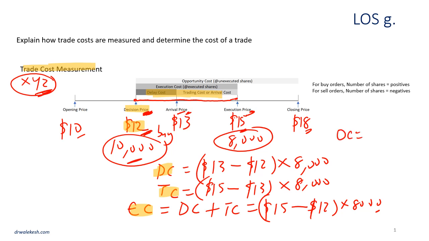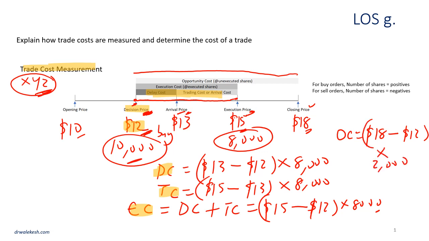Opportunity cost here is against what was not executed, and it is the distance between our closing price and the decision price. Closing price is $18 minus $12 times the number of shares unexecuted, which is 2,000. Don't forget, I executed 8,000 out of the 10,000 shares, so 2,000 were not executed.